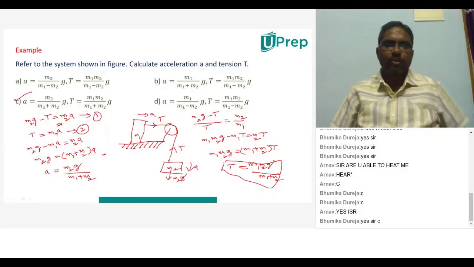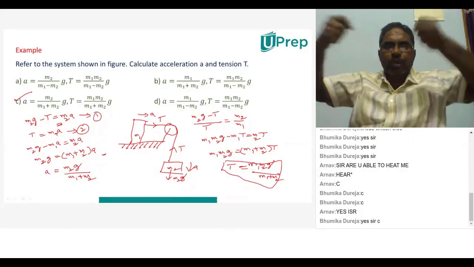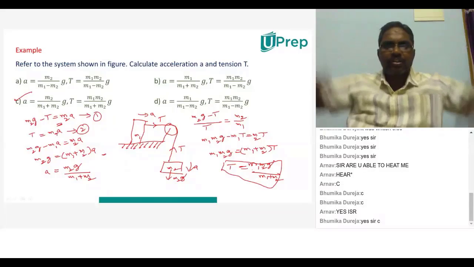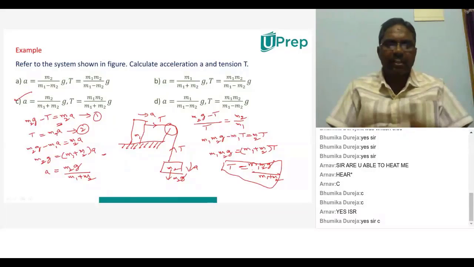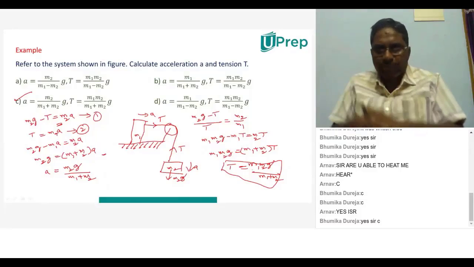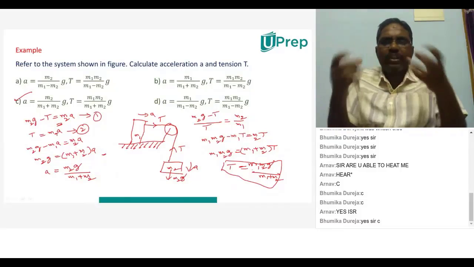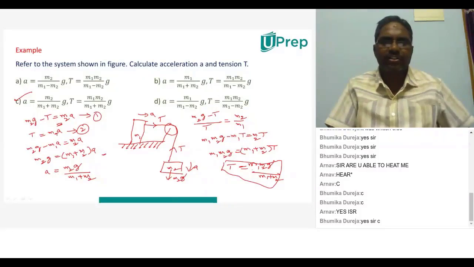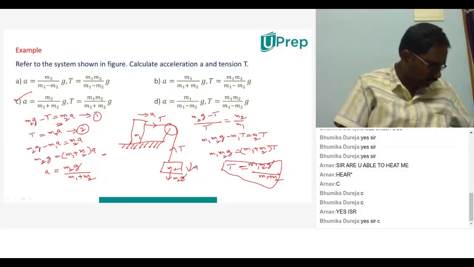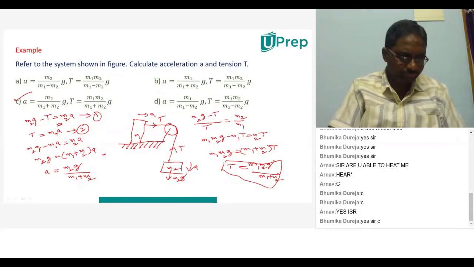Maybe now you understood how to solve the problems related to connected bodies. That means if two objects are connected with the same rope, then you have to take the forces acting on each object, form two equations, and find out the answers like this. Is it clear now? Bhumika and Arnav, is this session clear?